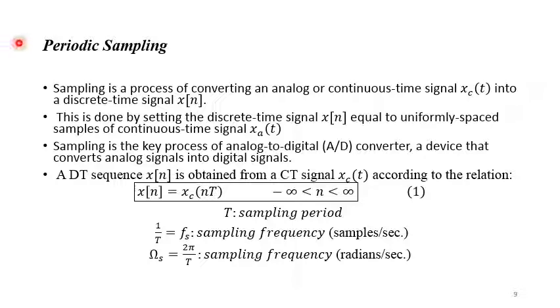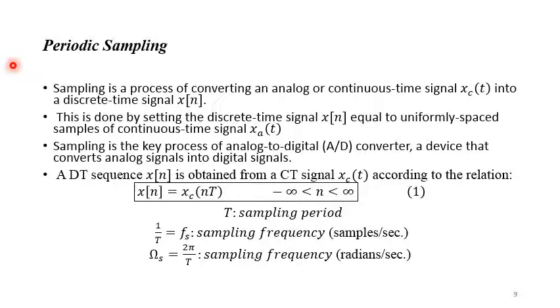So you understand that discrete time signals can exist in nature, such as the number of days, or the number of balls in one over in cricket, etc. We can also obtain discrete time signals by sampling the continuous time signal.